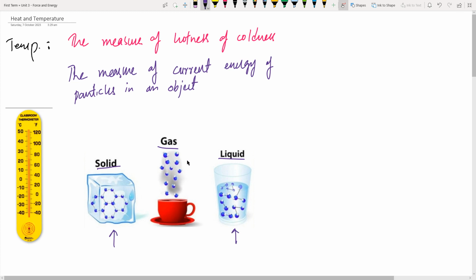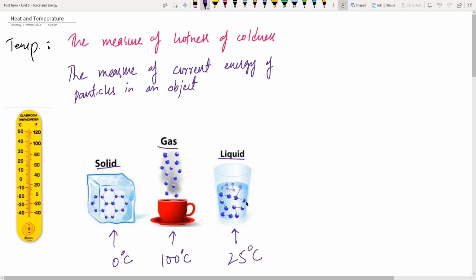So definitely, when we talk about ice, it is cold, as we said, coldness and hotness. So this is 0 degrees Celsius. Let's call this 25 degrees Celsius, which is room temperature. And then for boiling, or these vapors to arrive from water, let's call this 100 degrees Celsius. So over here you can easily compare that when the temperature is low, the particles' energy is less, hence they are not able to move about.